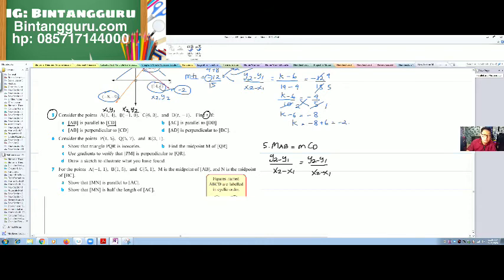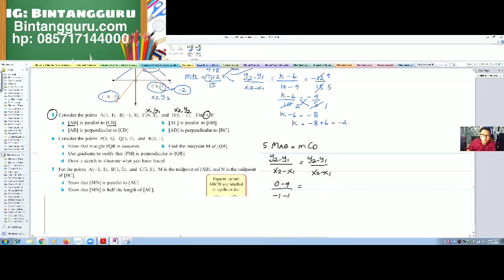So 0 minus 4, so this is minus 4. Okay, I will put the equation first. So 0 minus 4, and then minus 1 minus 1 equal to, okay, I will delete again. So this is x1, y1, x2, and y2.